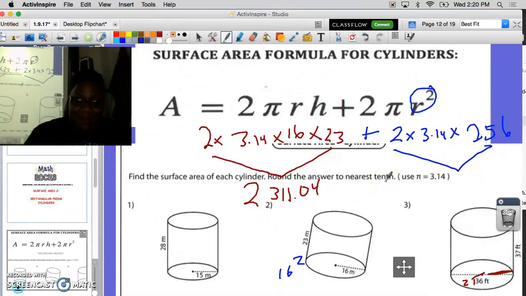That's 2 times 3.14 times 256. That one is going to be 1,607.68. And brain, what's the final step we're going to do right here?